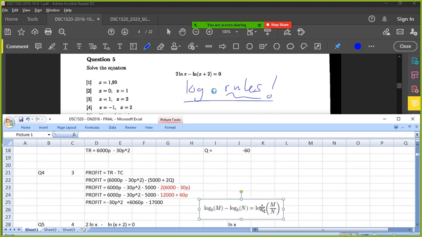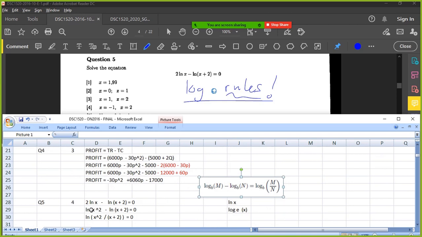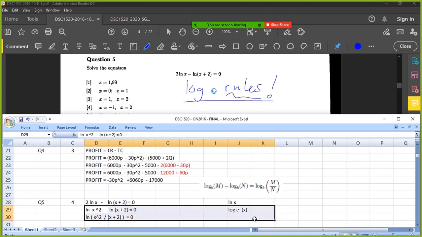So I would say this part, in between the brackets would be x divided by x plus 2. Okay, but what happens to that 2 on the outside? You've got to multiply it in.